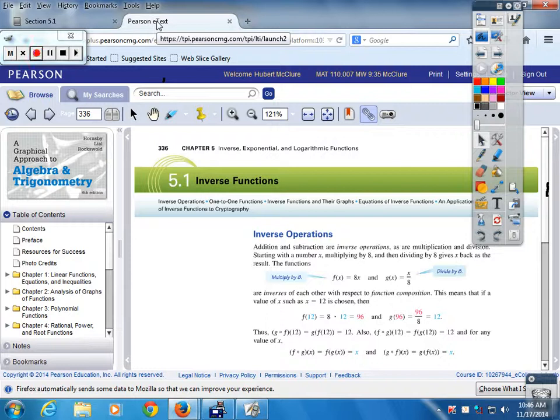Well, that's 336. How could it be 325? Oh, good. We need to figure out how to pull that. I know, it's a pain in the butt. Well, it won't even let me.